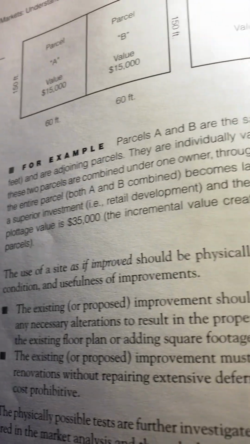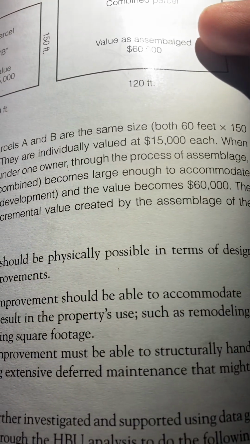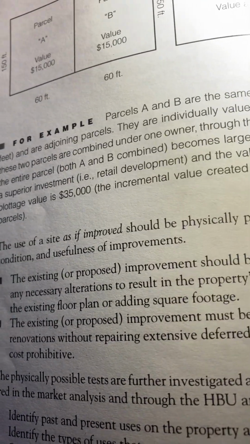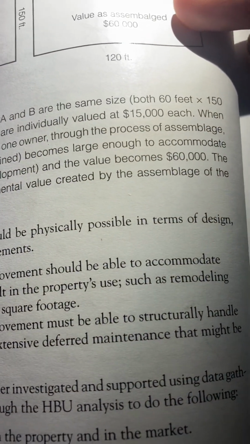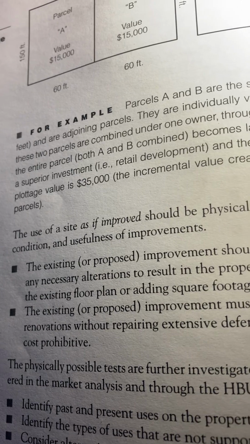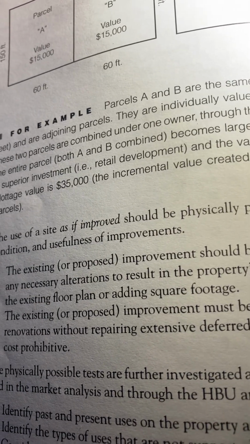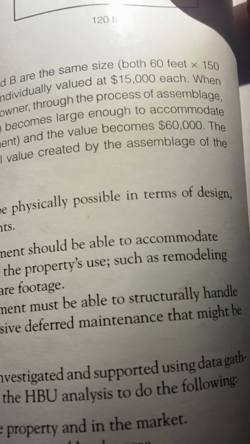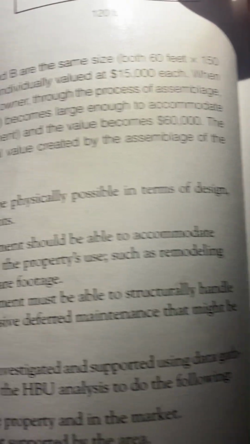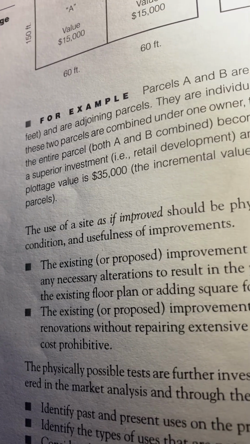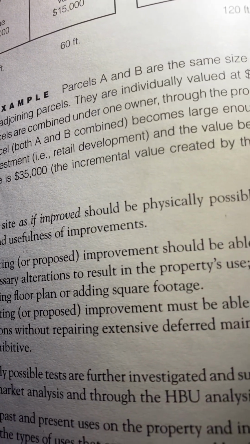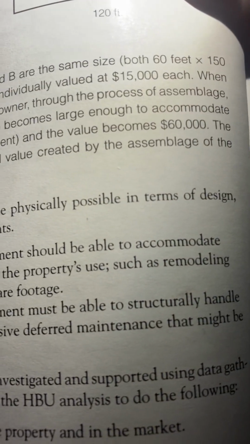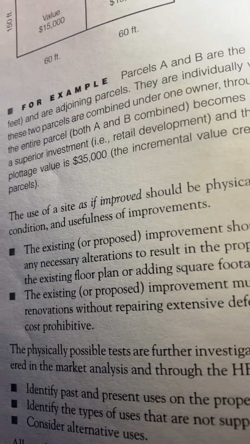When these two parcels are combined under one owner, through the process of assemblage, the entire parcel, both A and B combined, becomes large enough to accommodate a superior investment, for instance, a retail development, and the value becomes $60,000. The plottage value is $35,000. The incremental value created by assemblage of the parcels.